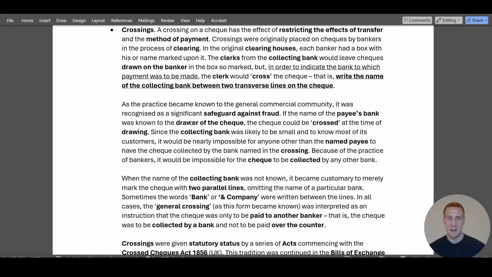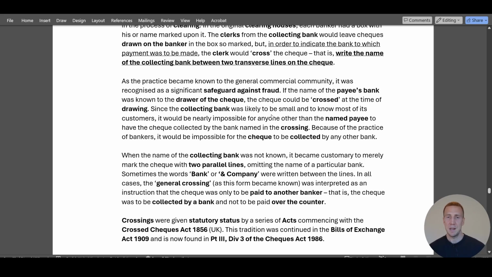If the name of the payee's bank was known, the cheque could be crossed by the drawer at the time of drawing. Since the collecting bank was likely to be small and to know most of its customers, it would be nearly impossible for anyone other than the named payee to have the cheque collected by the bank named in the crossing. Because of the practice of bankers, it would be impossible for the cheque to be collected by any other bank.